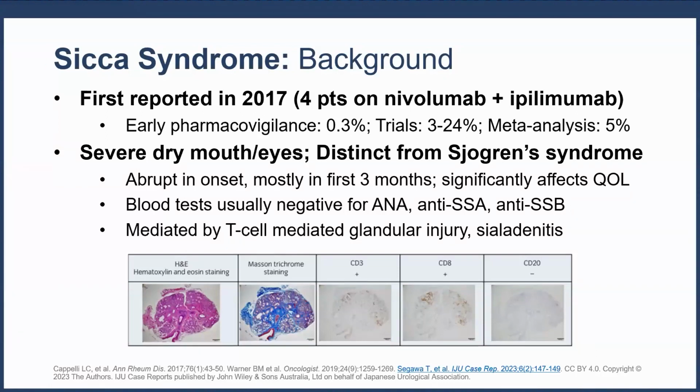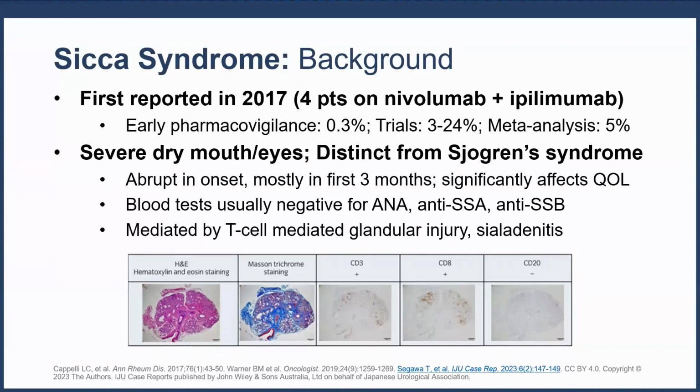And so this was several years before we really were starting to realize what was happening with immune checkpoint inhibition and oral toxicity with Sicca syndrome. So I think that's important to put in context when you see the results from this early pharmacovigilance study that reported a 0.3% incidence, which seems very low and probably is an under representation of what the actual incidence is.